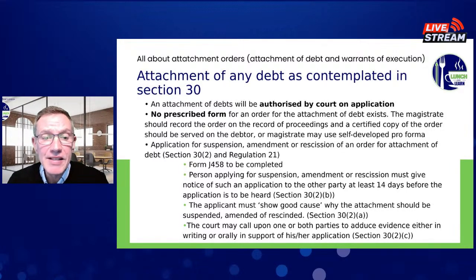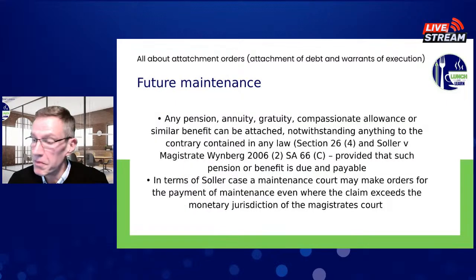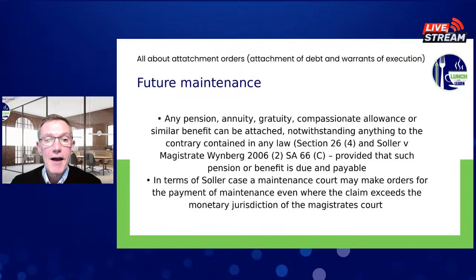That basically brings us to the end. Before we get to the end, I just want to note on future maintenance, and we've alerted that, and we had a full webinar on future maintenance. It falls under attachment orders, and I felt it quite appropriate to remind the people that any pension, annuity, gratuity, or compassionate allowance or similar benefit can be attached, notwithstanding anything contrary to the law.